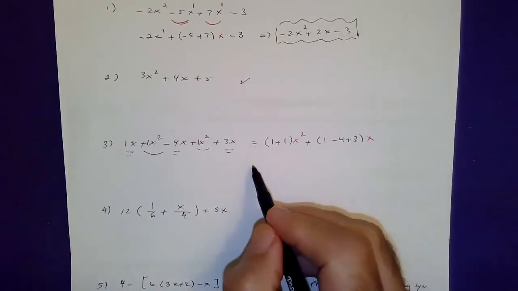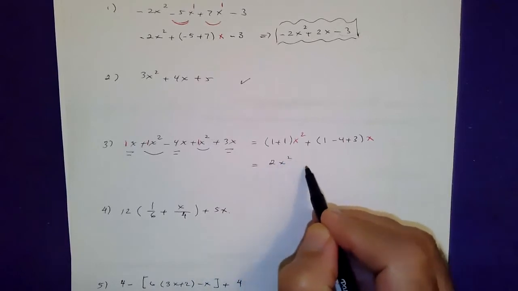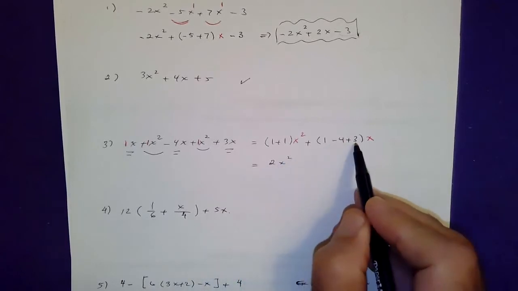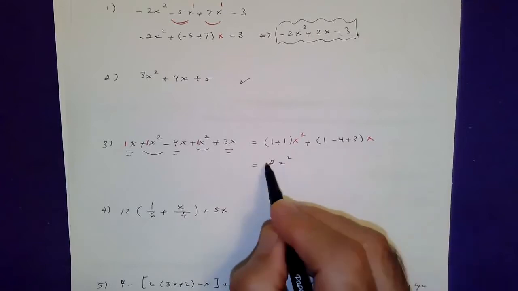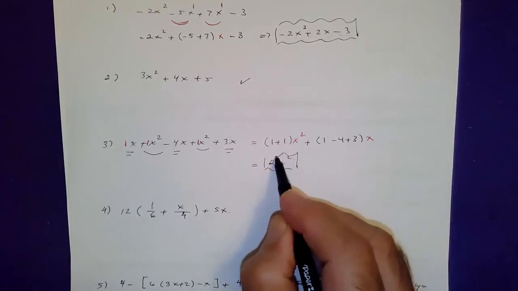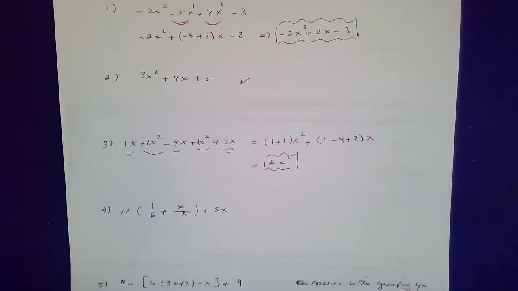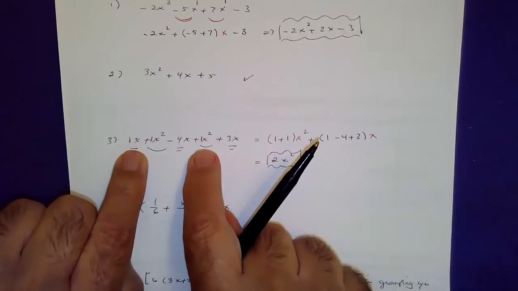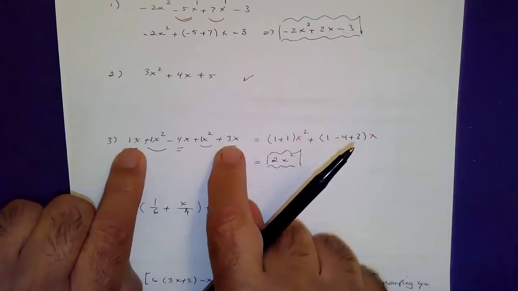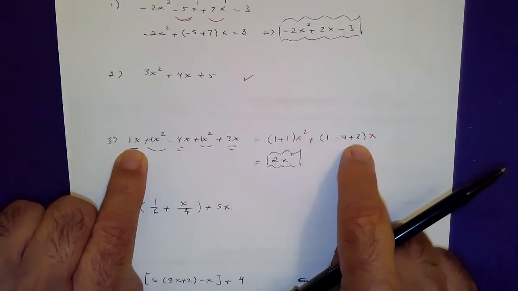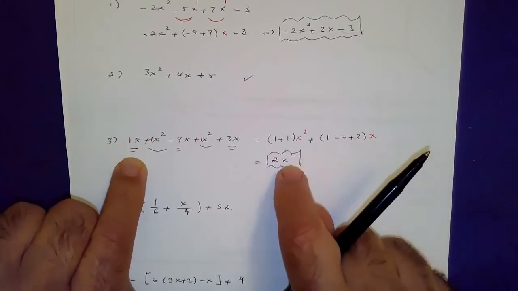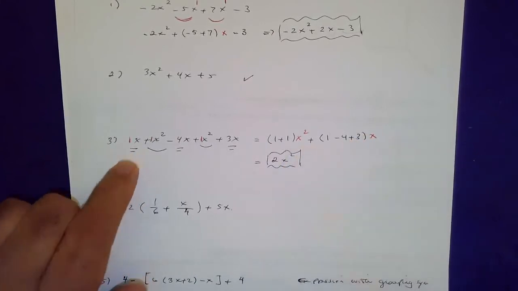So the final answer is you got 2 of these guys. And what is this? This is 4, so that's 0. So this is the final answer, right? Because you got 2x squared, excuse me guys, you got 4x minus 4x adds up to 0x. So x's disappear, you only get 2x squared for the final answer.